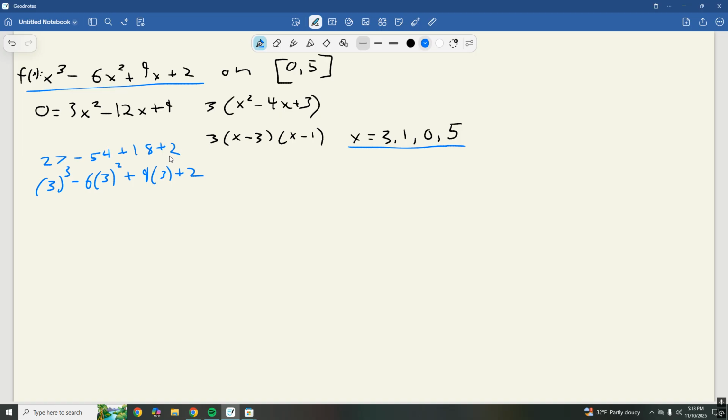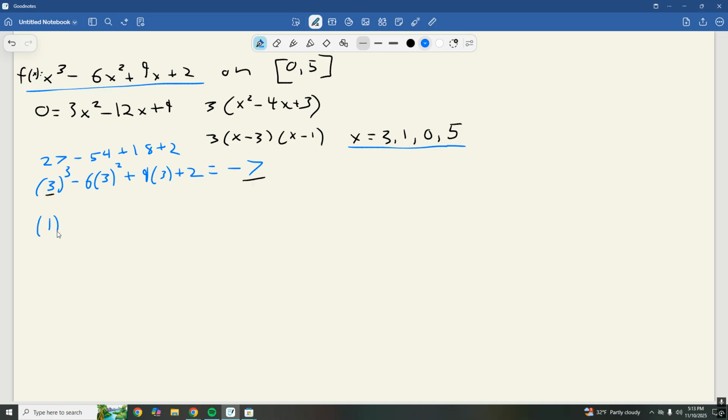Let me calculate this. So this first one is going to be negative 7. So it's going to be 3 at negative 7. And we basically just have to do that for the rest of these.